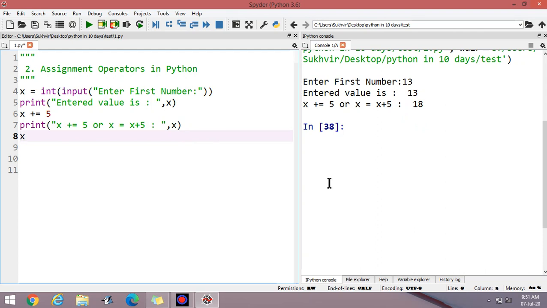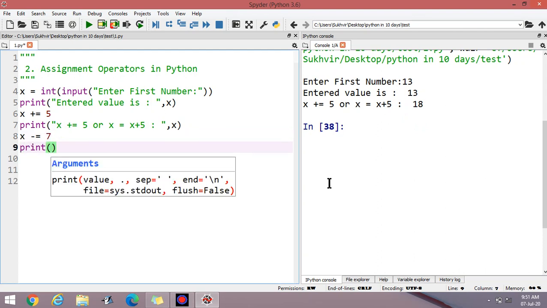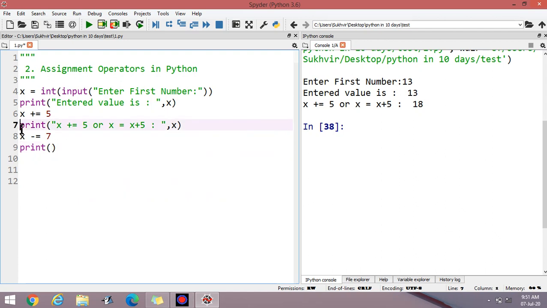Suppose I write x minus equal to 7, print, you can copy, Control V, here we can write minus 7, x is equal to x minus 7.